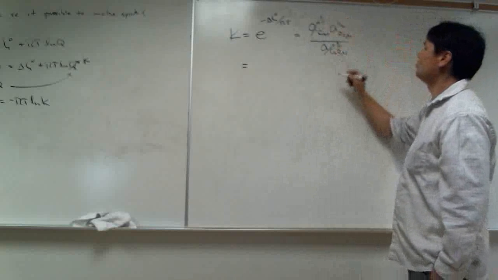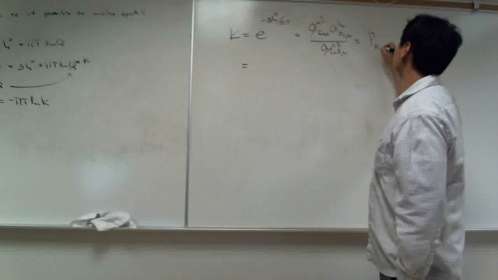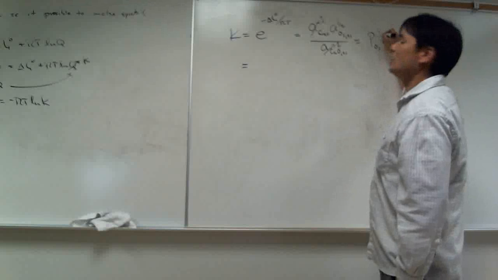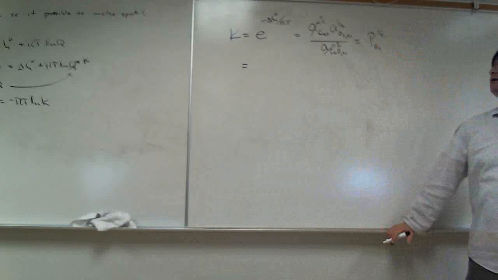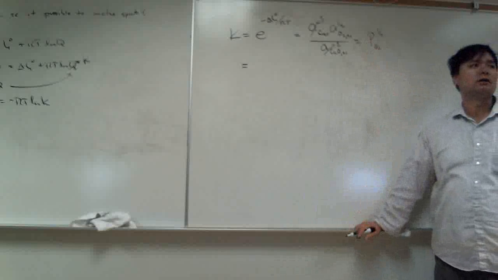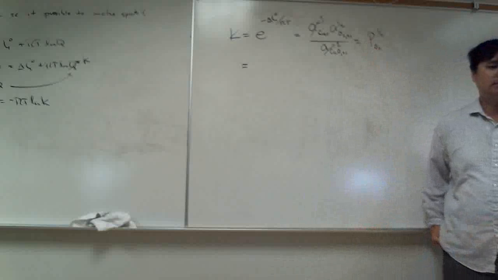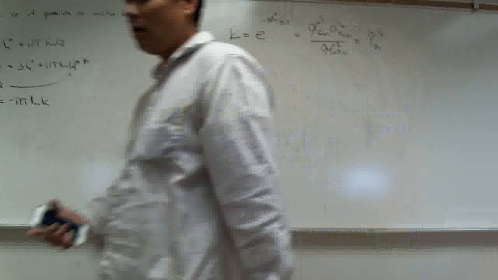The activity of O2 gas is just equal to the partial pressure of O2 gas to the 1/2. And so here, when we go non-standard, the only thing we can change is the partial pressure of O2 gas. We can make it smaller, we can make it bigger to see if we can alter it.